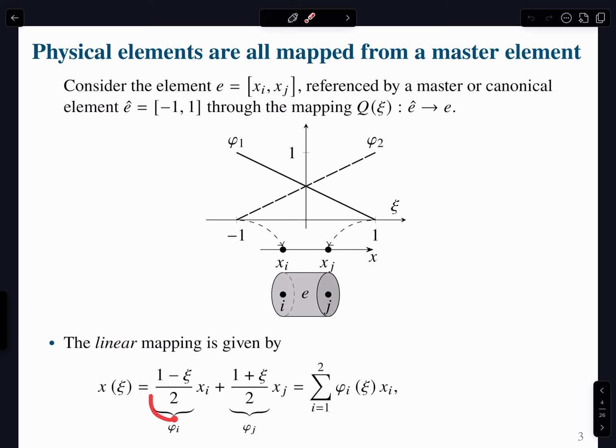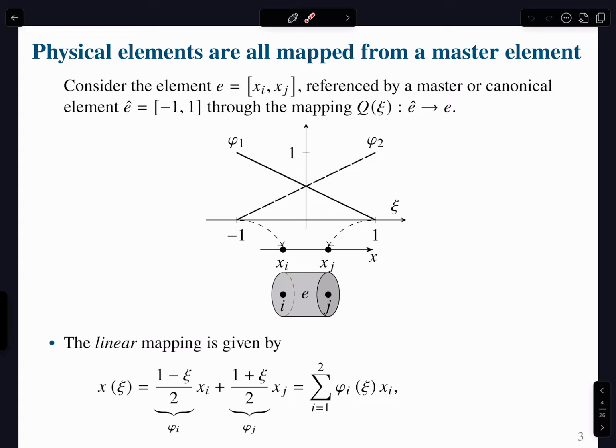So I'm going to take the first function phi i, and I'm going to multiply that by my left coordinate xi, plus my other second shape function phi j, and I multiply that by my right coordinate xj, right? So as you can see here, obviously I have some linear interpolation between the two end coordinates of the node.